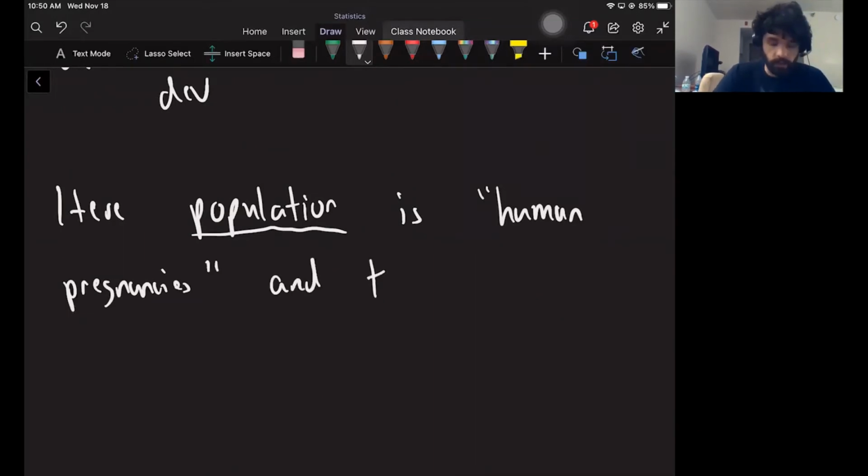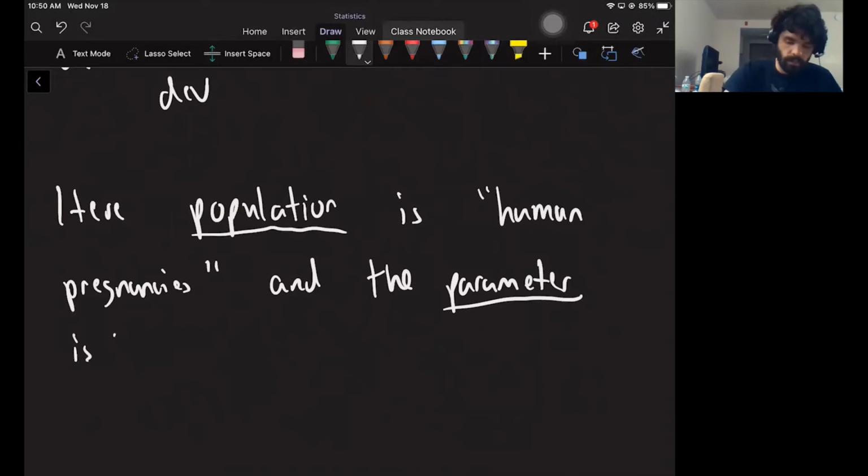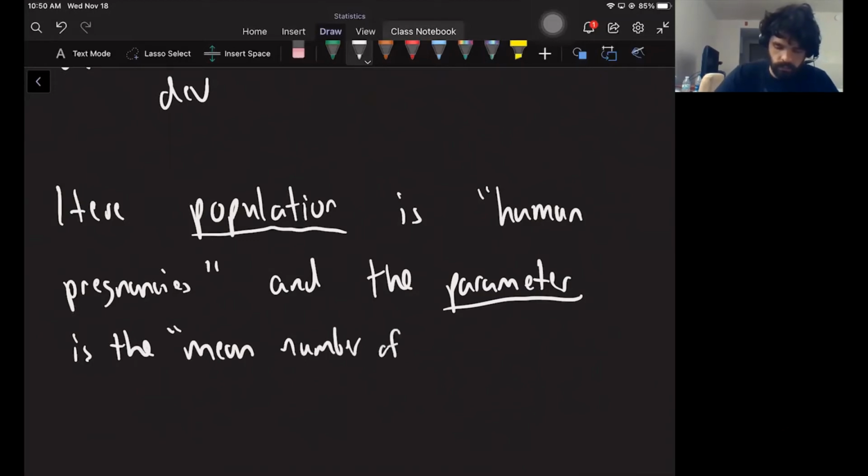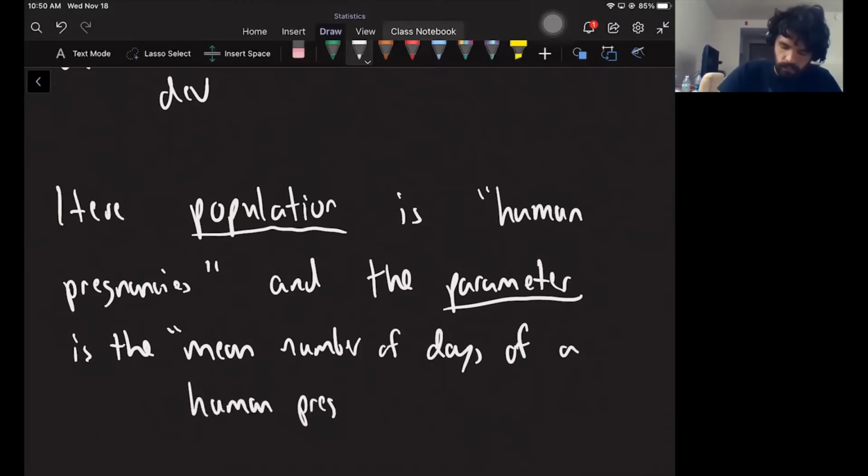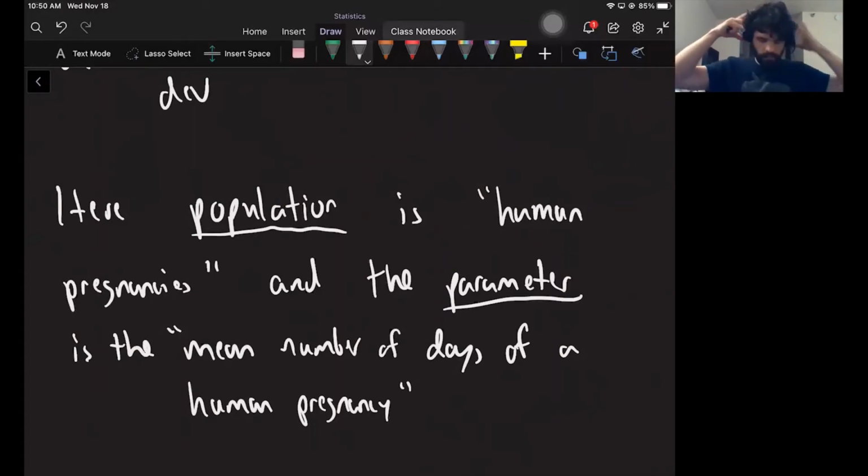And the parameter, the number associated to this population, is the mean number of days of a human pregnancy. So we're associating a number to the population of human pregnancies. And that number is just the mean. We're looking at the mean number of days of a human pregnancy.